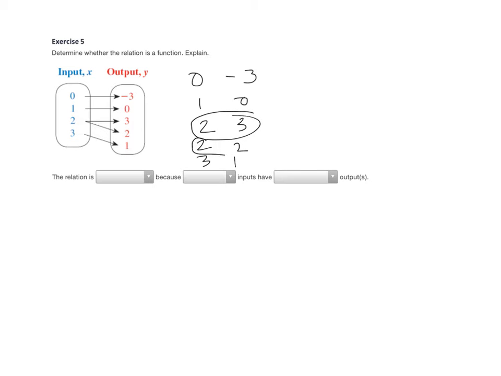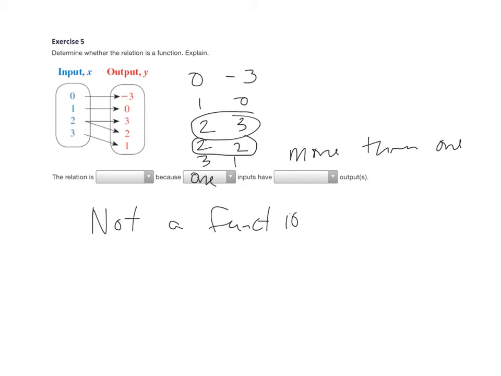If we put in 2 again, we have to get 3 again. So this is not a function. And so the way you would explain this, the relationship is not a function because one input has more than one output.